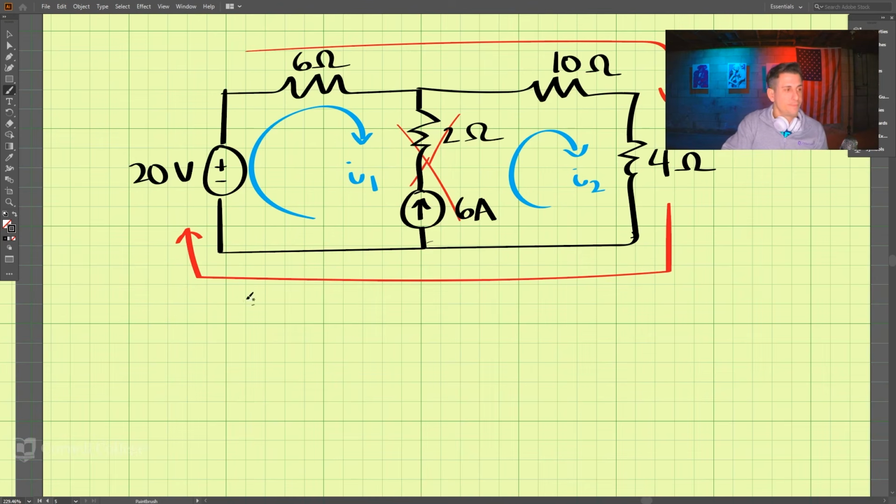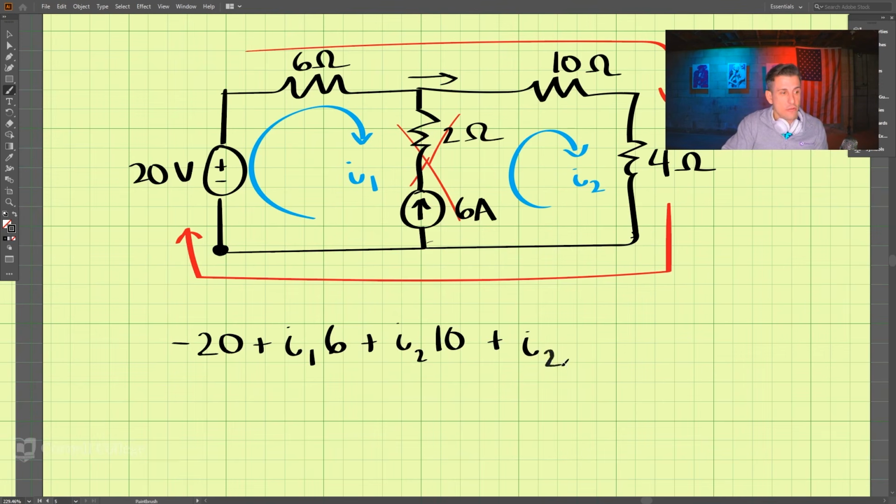I'm going to start here, and we have minus 20 up to here, and then plus I1 times 6. Then instead of going down this way, we go over this way, plus I2 times 10. Then down this way, that's I2 times 4. And then we go back to the start. So that should all be equal to 0.